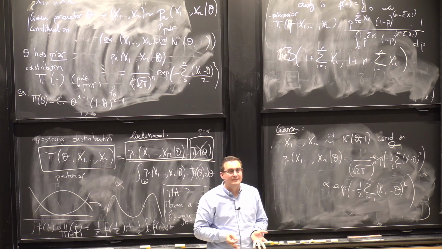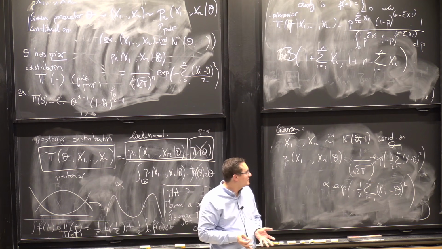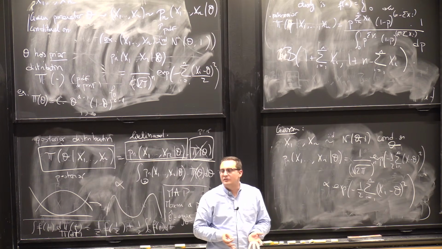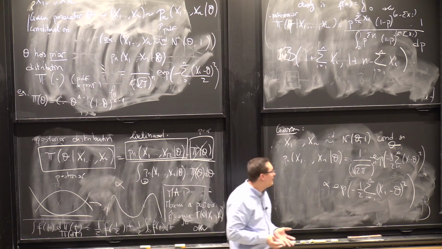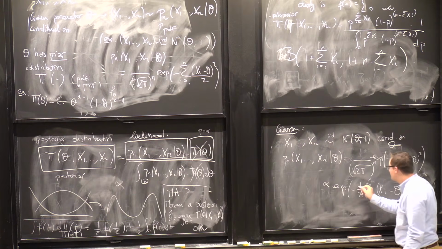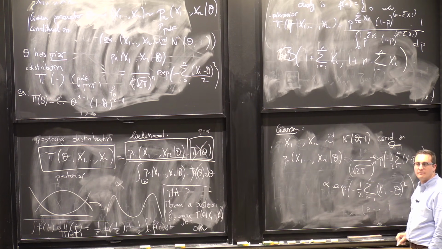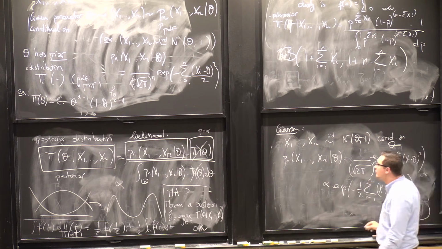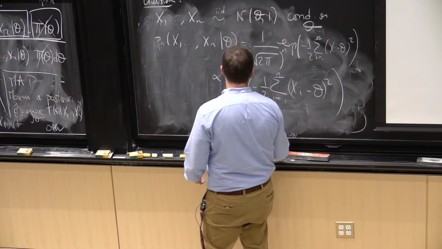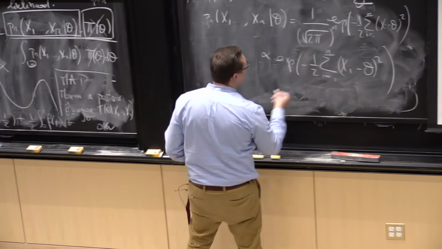What I want is a density on theta. So it looks like I have chances of getting something that looks like a Gaussian. But if I really need to have a Gaussian, I would need to see minus 1/2, and then I would need to see theta minus something here, not just the sum of something minus thetas. So I need to work a little bit more, to expand the square here.